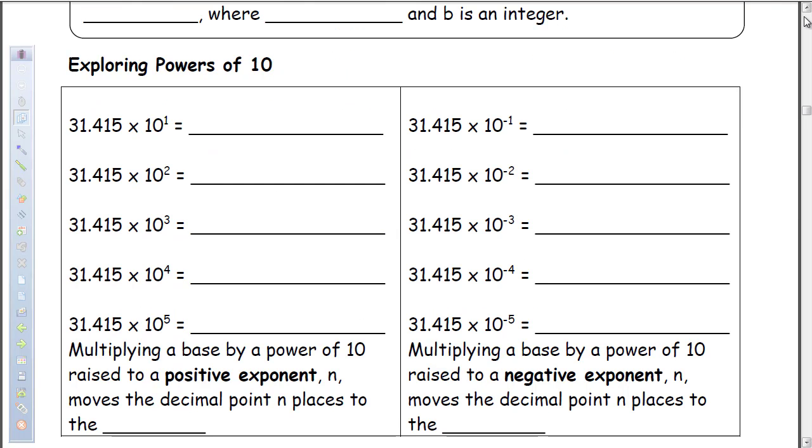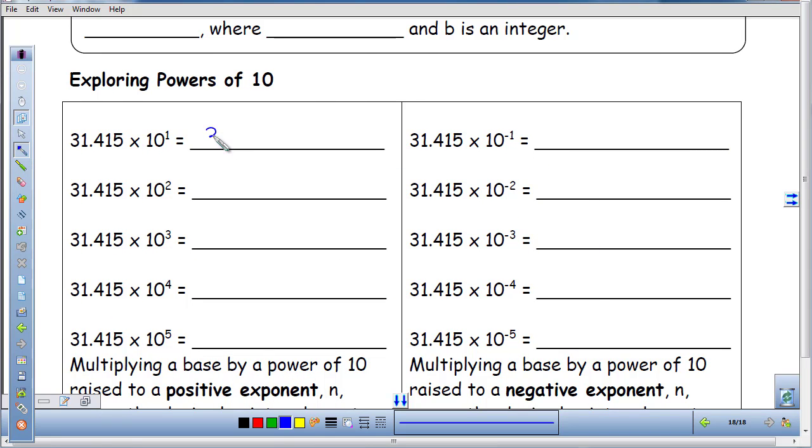Okay, what do we get if we multiply 31.415 times 10 to the first? Okay, so we get 314.15, right? And then if we do it times 10 to the 2, it becomes what? 3141.5, right? Try this out on your calculator if you're not certain about it.